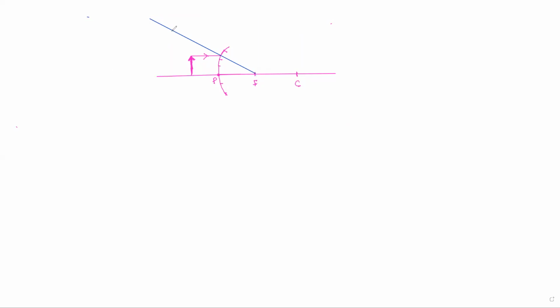So this is the reflected ray. The reflected ray always appears to be diverted from a point on the principal axis.